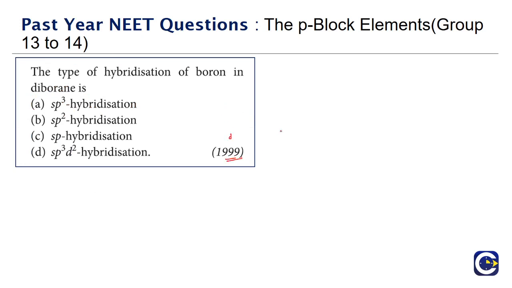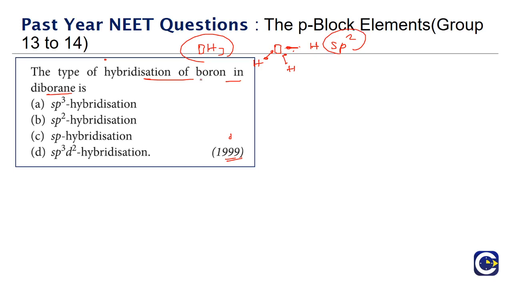Next, we have a question that has come in the year 1999. The type of hybridization of boron in diborane. In BH3, boron forms 3 bonds and the hybridization is sp2.